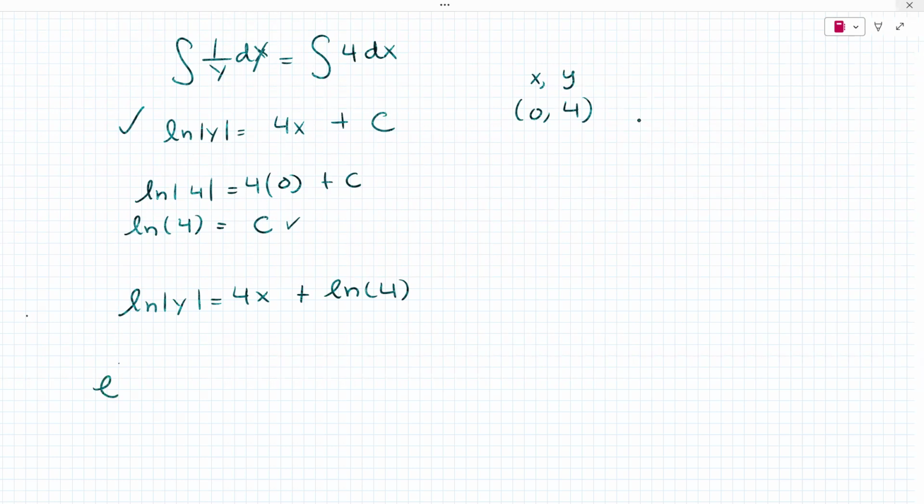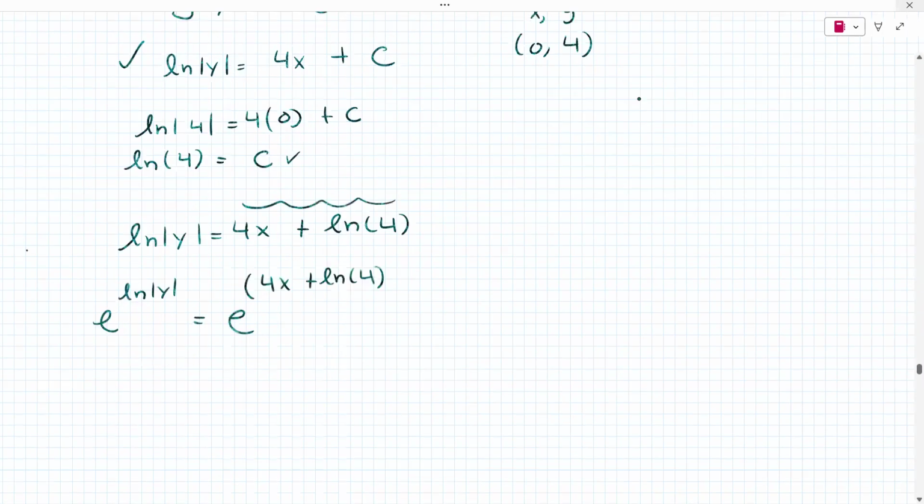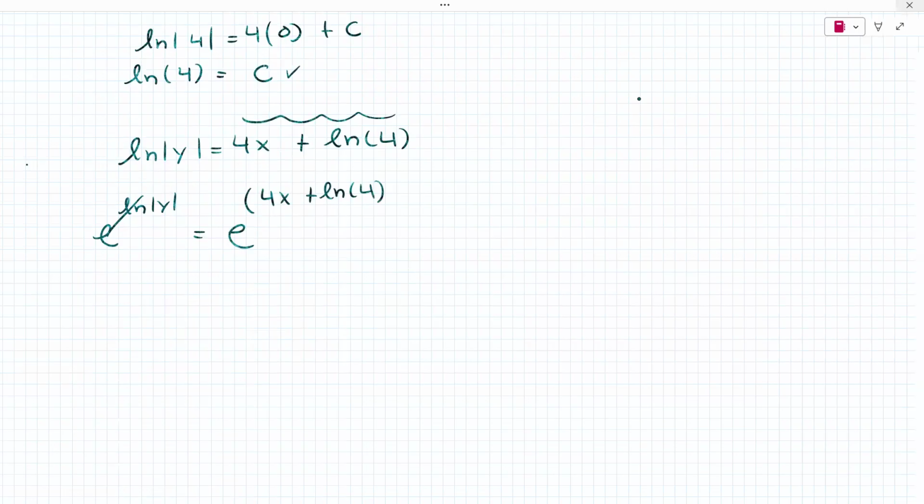So e raised to the ln of absolute value y equals e raised to the 4x plus ln of 4. On the left, e and ln cancel, so you're just left with absolute value y, or y. And on the right, it's just e raised to the 4x plus ln of 4.